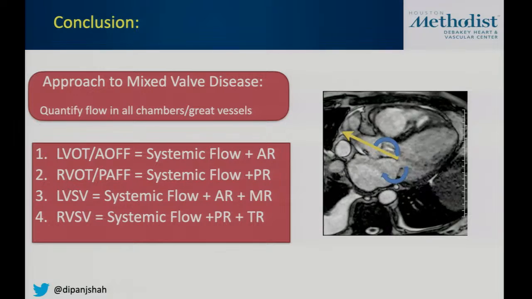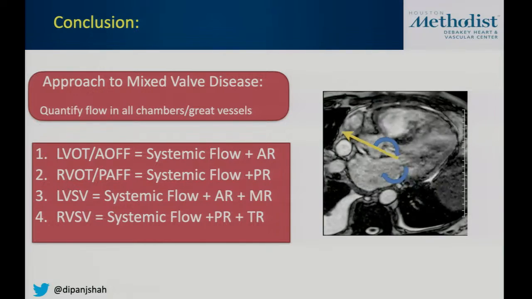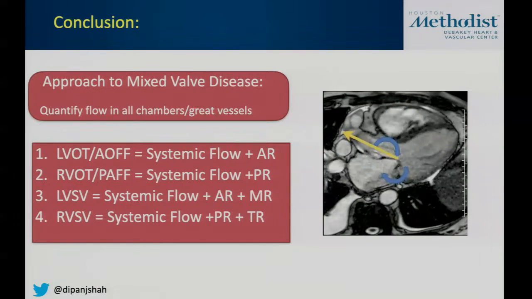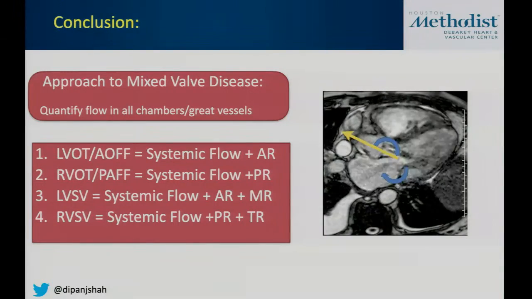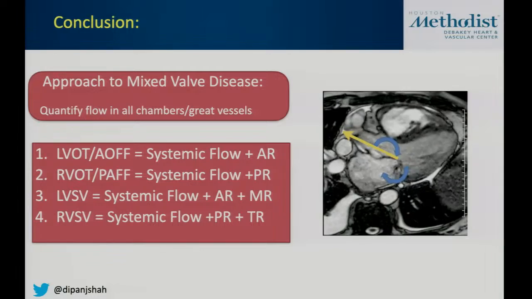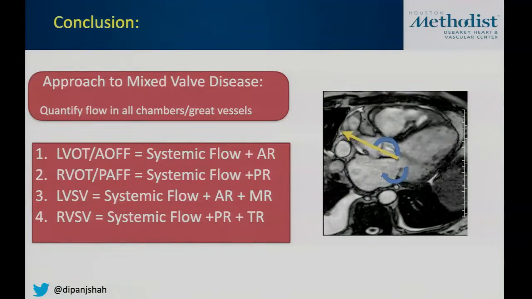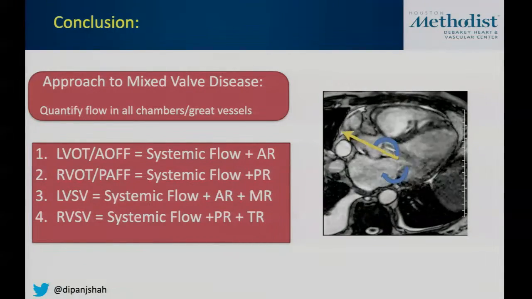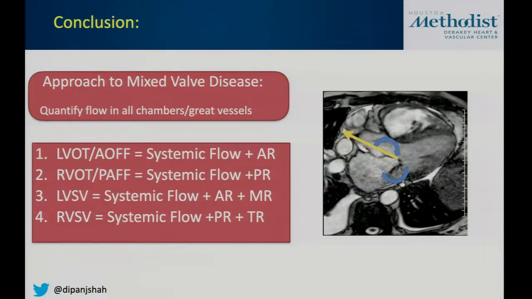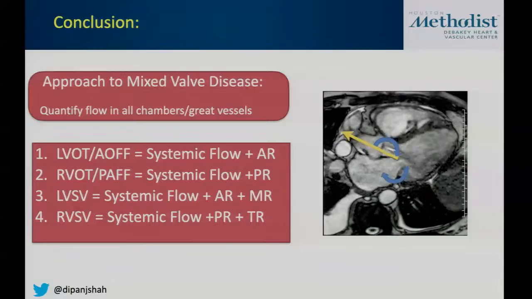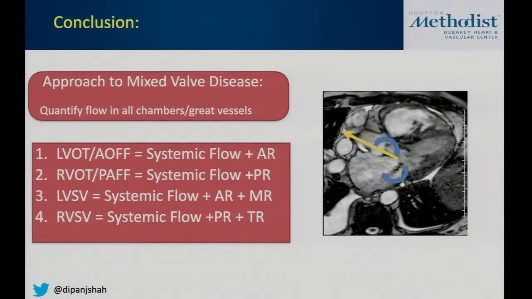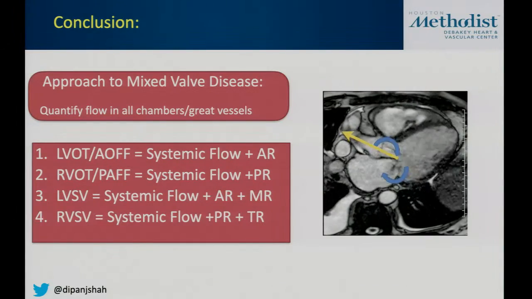So, conclusion, I think the most important thing when you're dealing with mixed valve lesions is, one, to understand what effects each lesion has on this conservation of mass principle. When there's a lesion at one particular valve, what does it affect as far as stroke volume or flow across which valves?